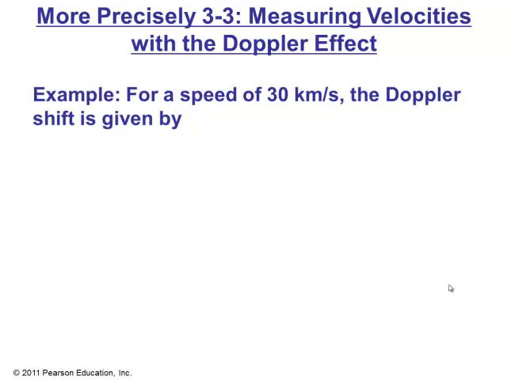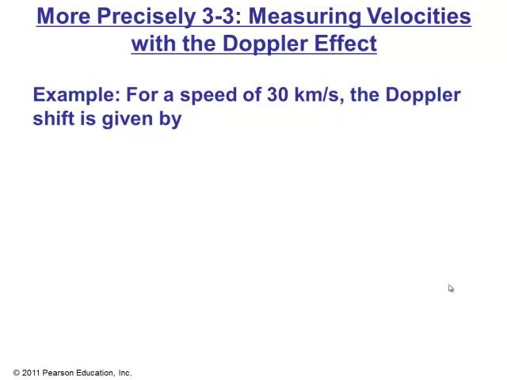So let's do an example. Let's say you have a source of light that's moving with a speed of 30 kilometers per second. What is its Doppler shift? In order to figure it out, you can use the formula I gave you in the previous slide.